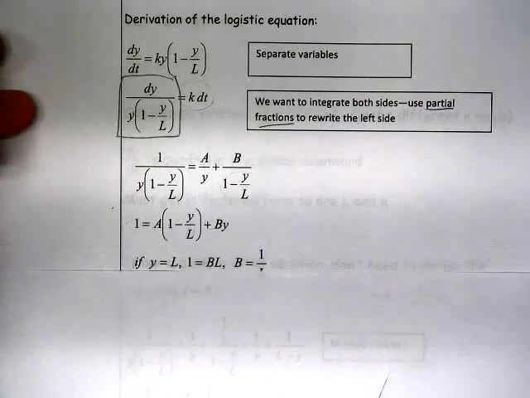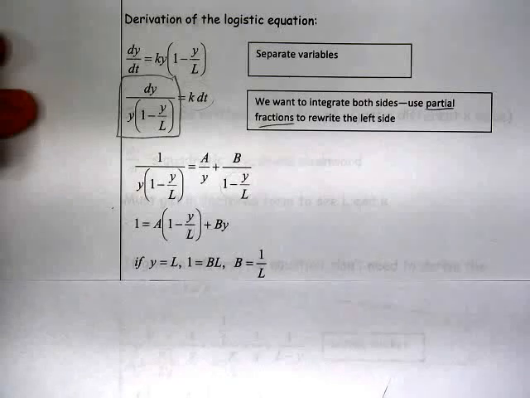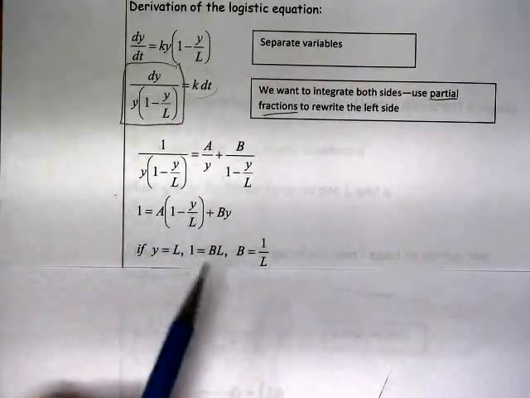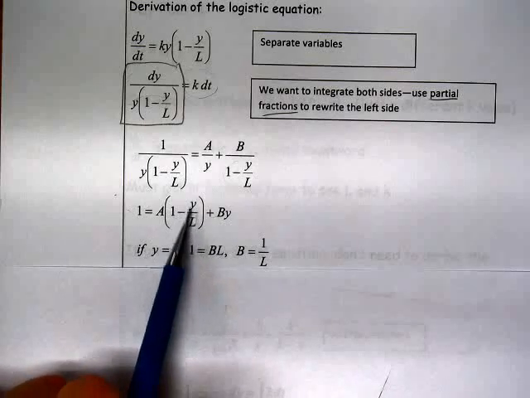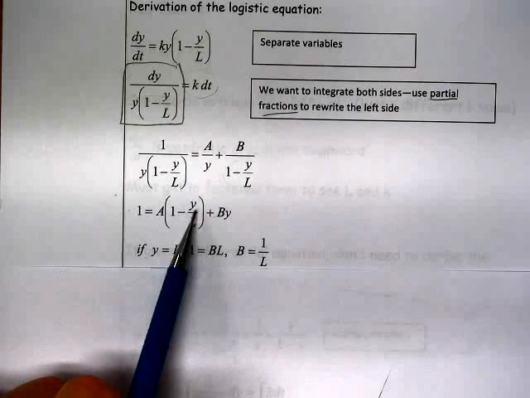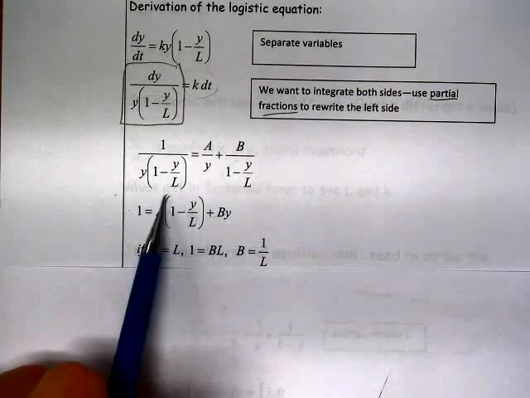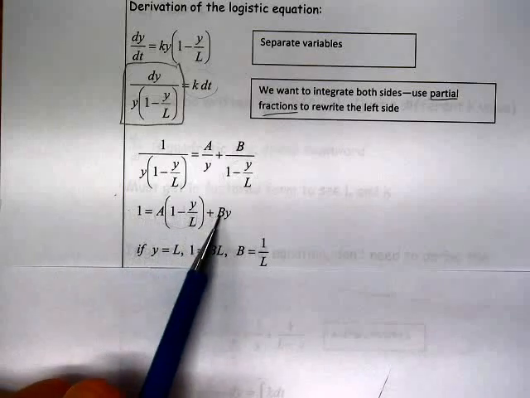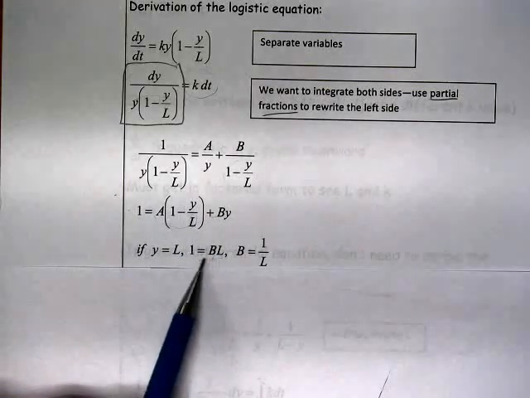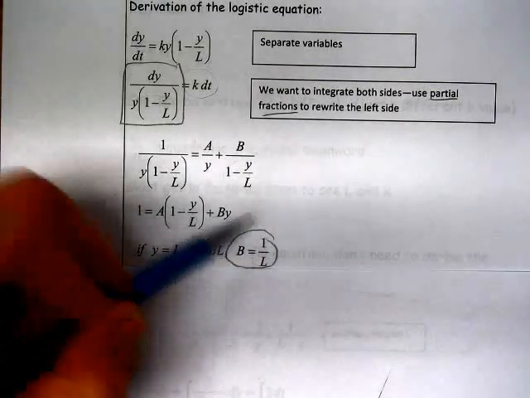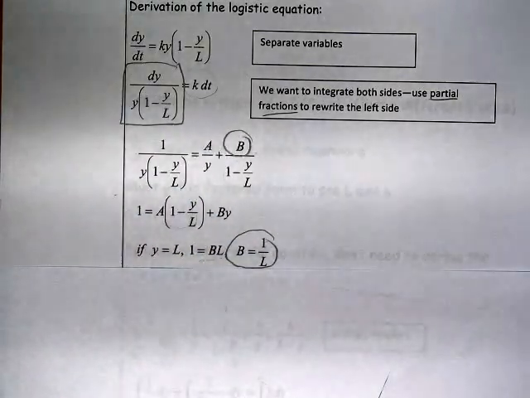So now I choose values of y. If I let y equal L, then I get 1 minus L over L, so that's 0. So I get 1 equals B times L. And I can solve for B and I get 1 over L. So there is my numerator there.